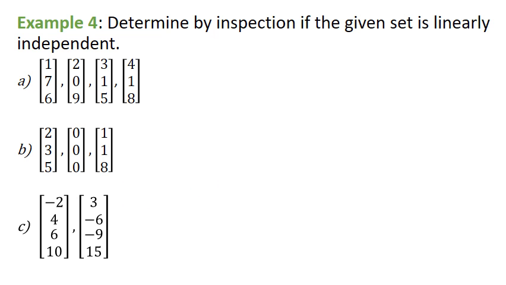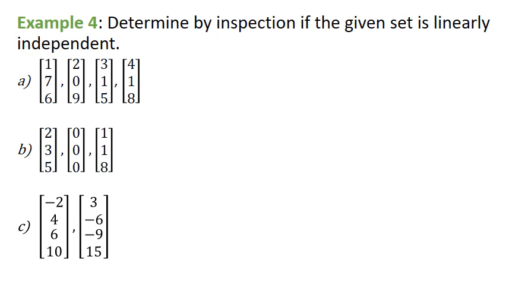So let's put this together, and just by looking at these vectors, let's determine if these are linearly independent or not. So basically, we're going to use the definitions and theorems that we have just been exposed to. Now, the easiest one is Theorem 8, in my opinion, and that one says if there are more vectors than entries, then it's linearly dependent.